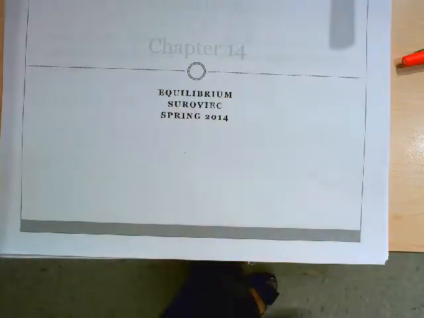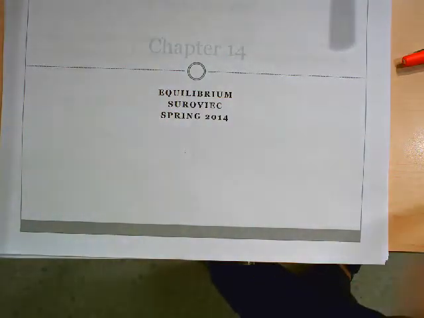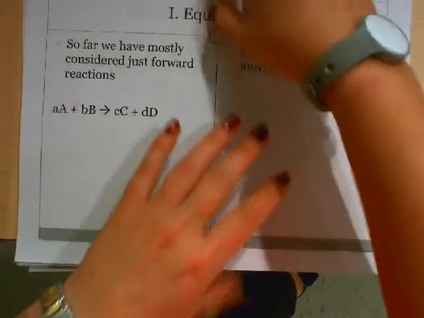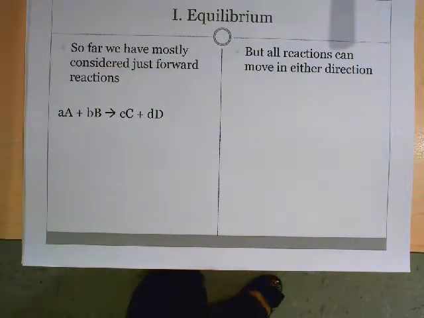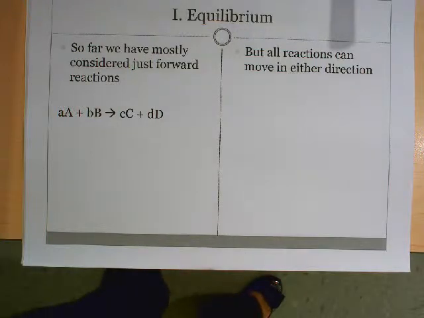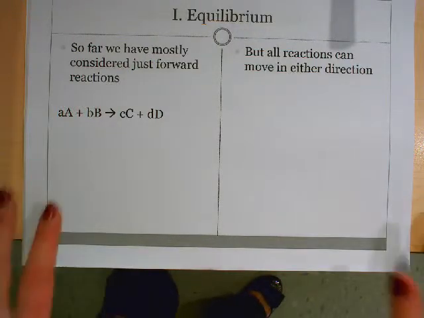So now we're ready to start talking about equilibrium. Up to this point, we've mostly just talked about reactions that have one single direction arrow. Everything's going to products, which is good when we're talking about basic chemistry. But realistically, that doesn't happen. That's not actually how it works. In reality, all reactions can move in both directions.